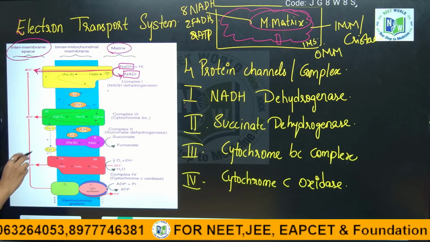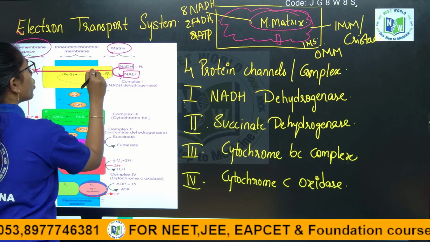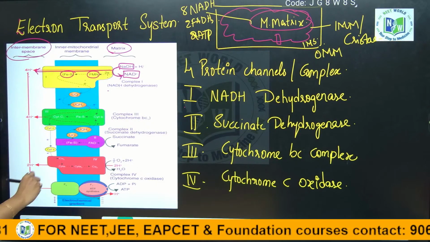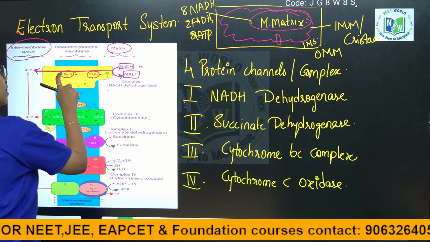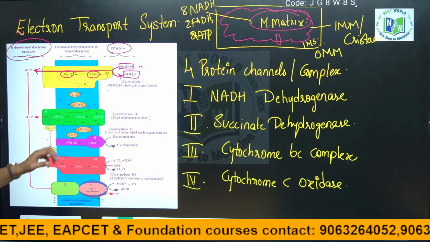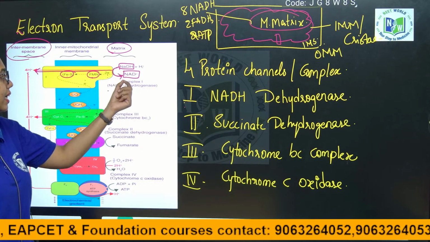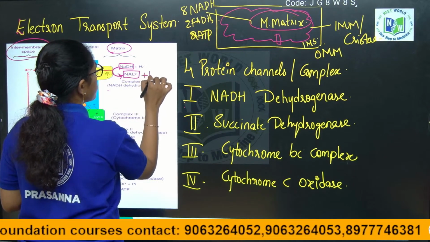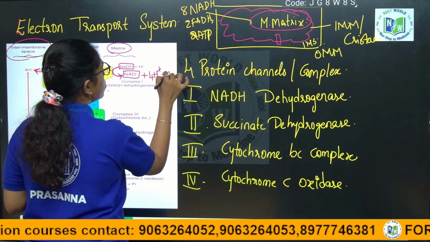The 2 electrons are transferred through protein molecules present inside complex 1, those are FMN and ferrous sulfur complex.